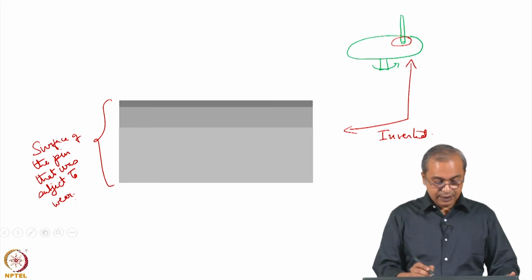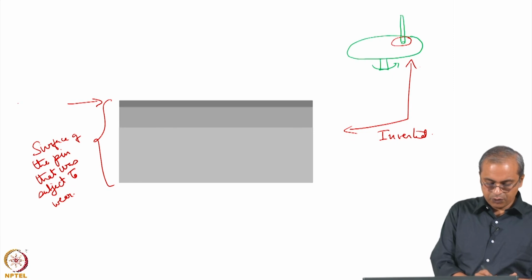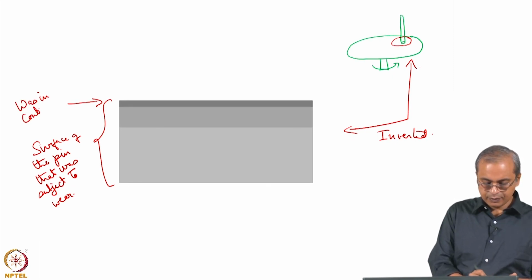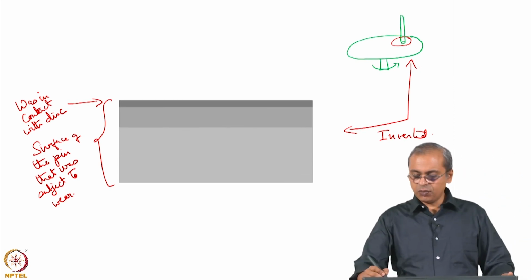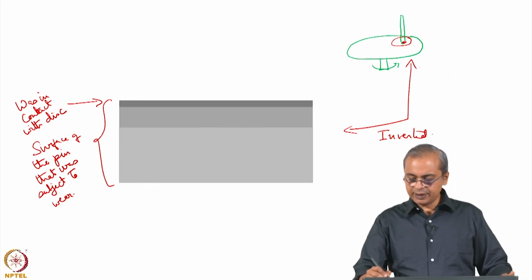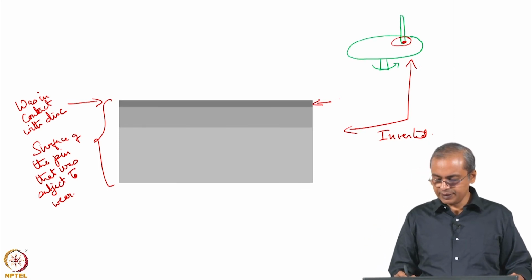And this top layer was in contact with the disc. Okay. So, it is inverted. So, this region which was in contact with the disc is the topmost layer that you see here, in contact with the disc.